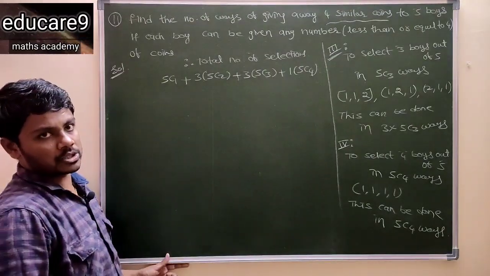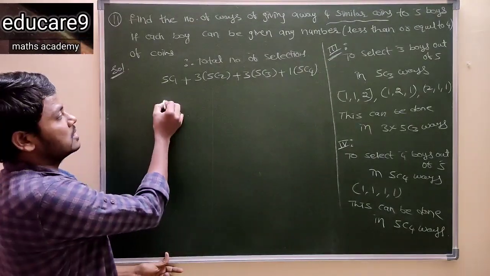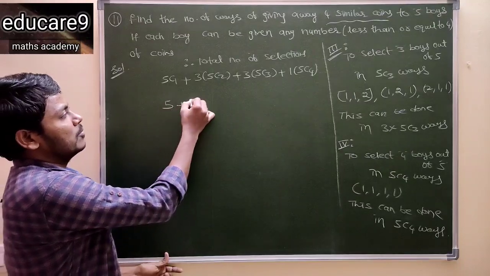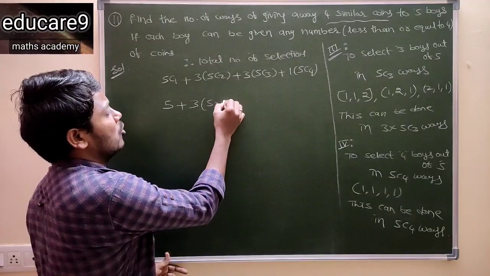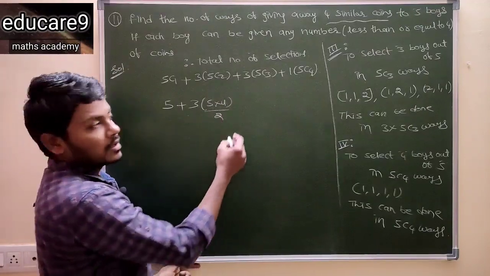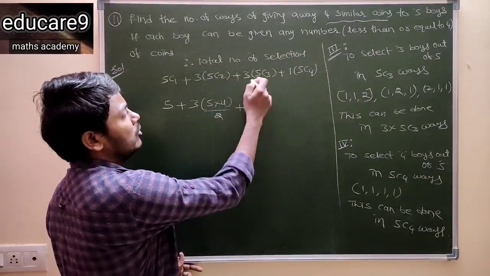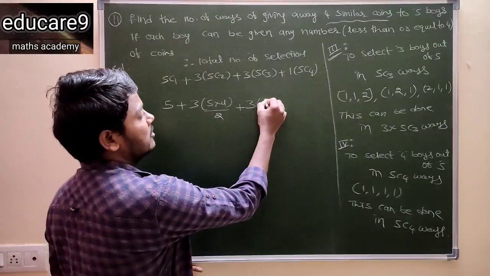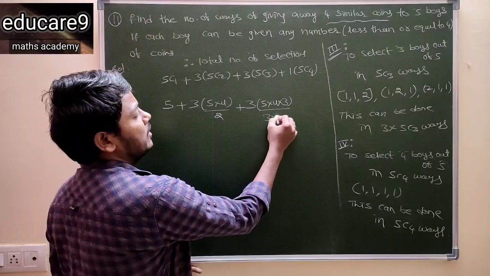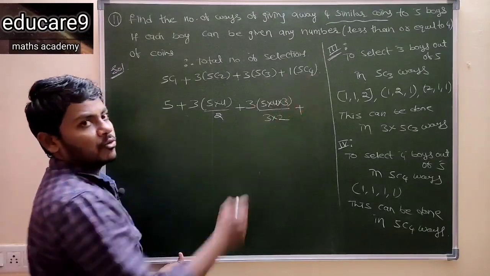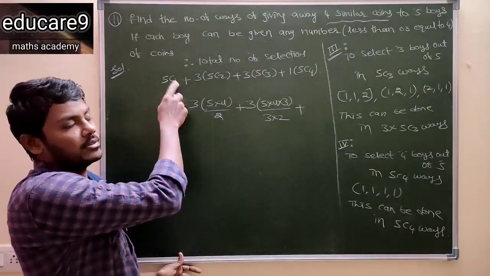So here this is equals to 5C1. This is 5 plus 3 into 5C2. So this is 5 into 4 by 2 plus 3 into 5C3. That is 5 into 4 into 3 by 3 into 2 plus 5C4. This can also be written as 5C1.